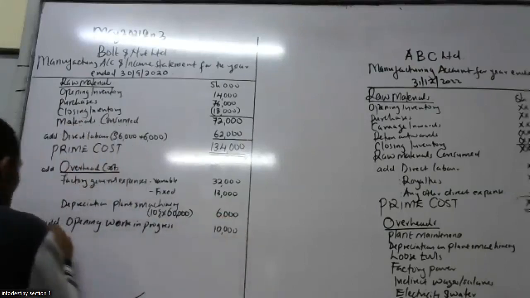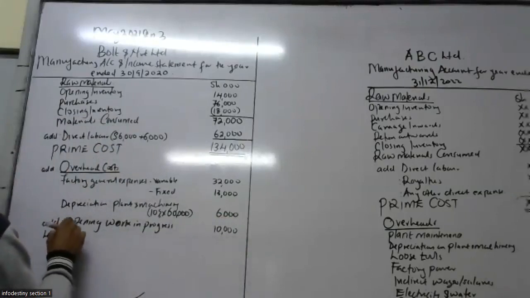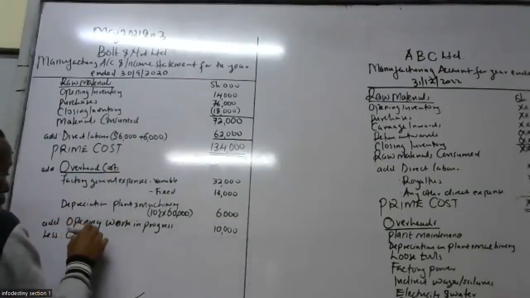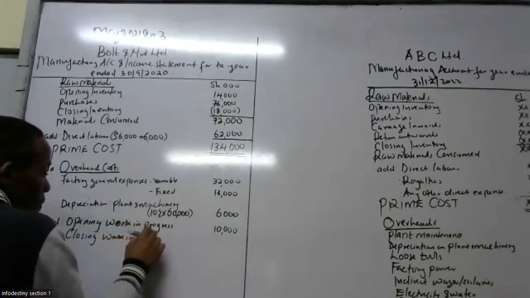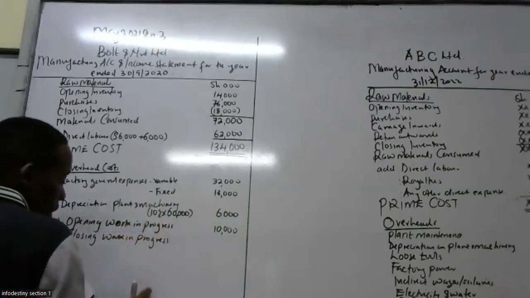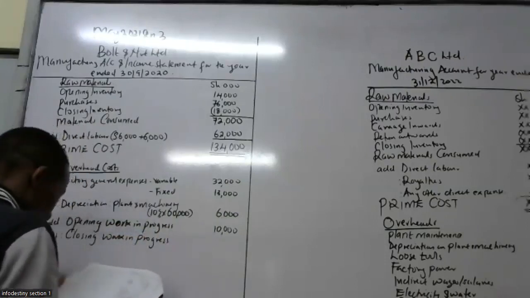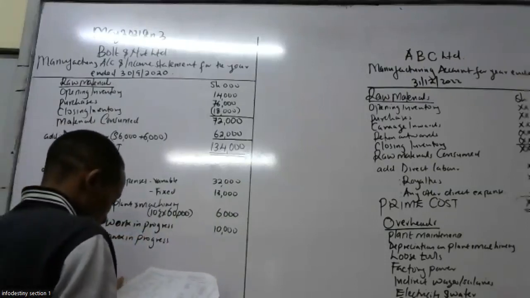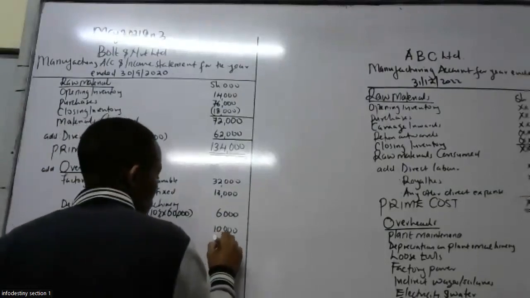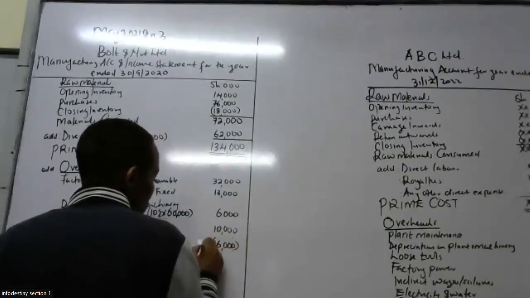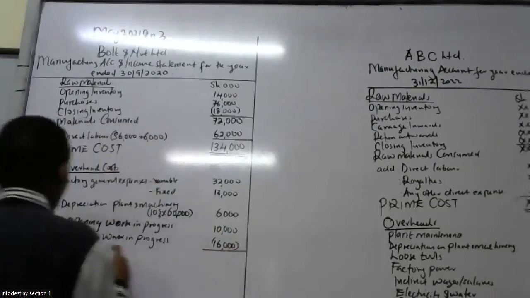Then we less the closing work in progress, given under the inventories, information number 1, 16,000. Now we can get the manufacturing costs.